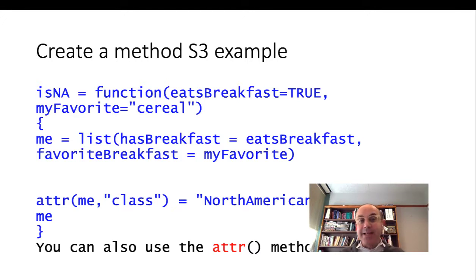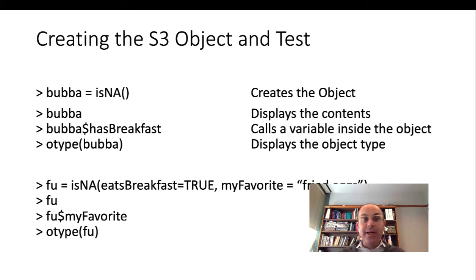And again, is.na, a function, eat breakfast TRUE, my favorite cereal. And so in this case, I will add a list of things that I do in order for me to get the attributes and to see the use of attributes or method in it. And you can create the object and test it using this type of package in order for you to do that.